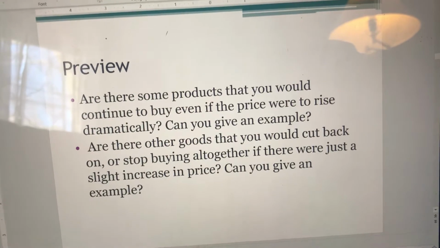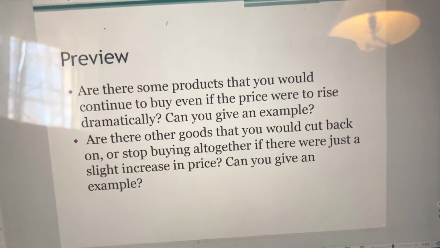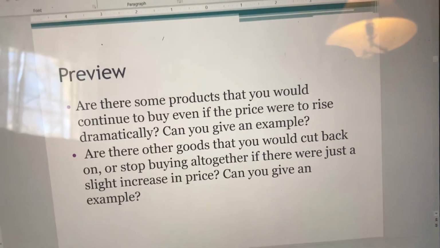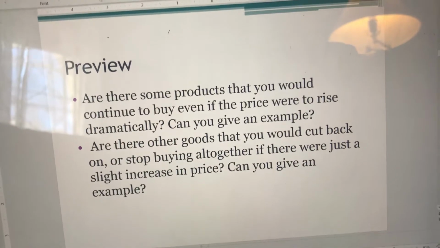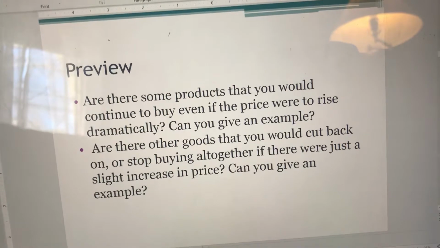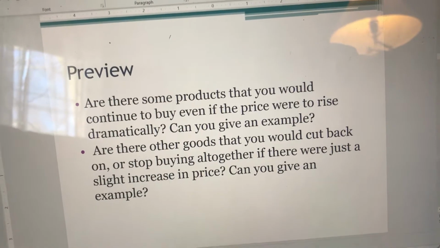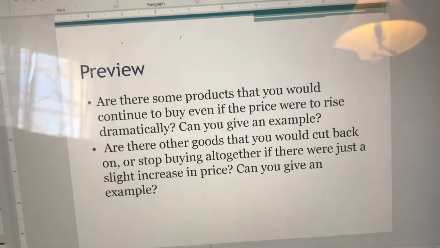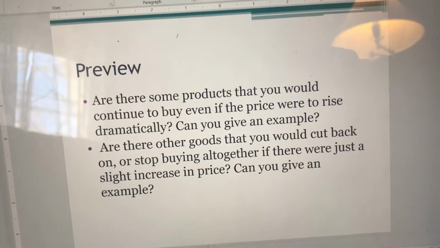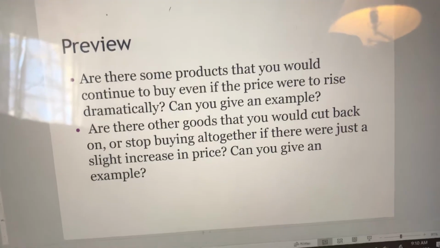Can you think of an item that you would still buy even if the price were to rise dramatically? As we go through the lesson, we'll go through examples, but just think of maybe like Tropicana orange juice. If you are really brand loyal to Tropicana, even if it were to go from $4 to $6, which is a 50% increase in the price, you might still buy that every weekend at the supermarket, right?